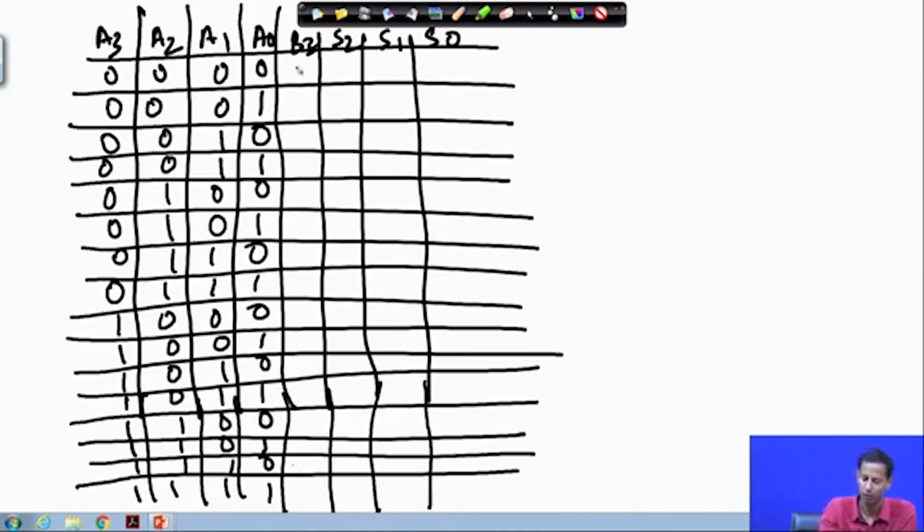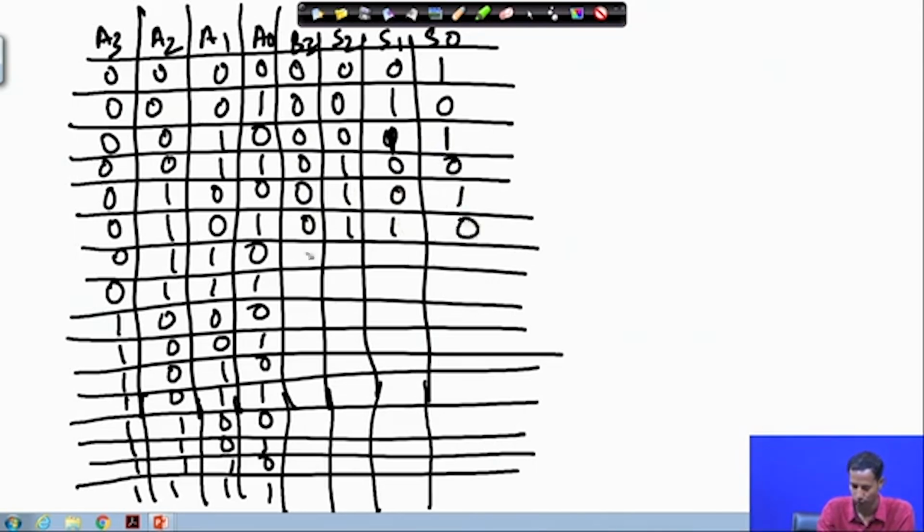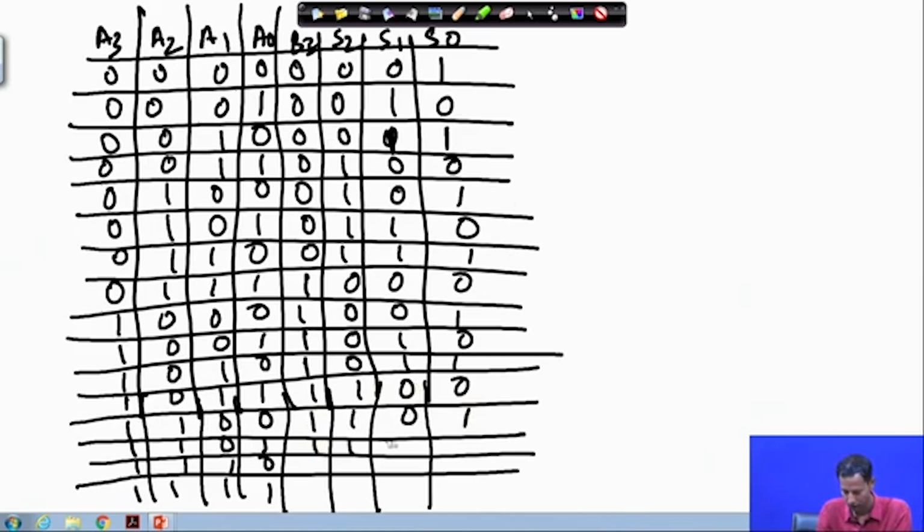So for this it is 0 0 0 1, 0 0 1 0, 0 0 1 1. For 3 it will be 4, for 4 it will be 5, for 5 it will be 6, for 6 it will be 7, for 7 it will be 8, for 8 it will be 9, for 9 it will be 10, then 11, 12, 13, 14, 15 and then 16.